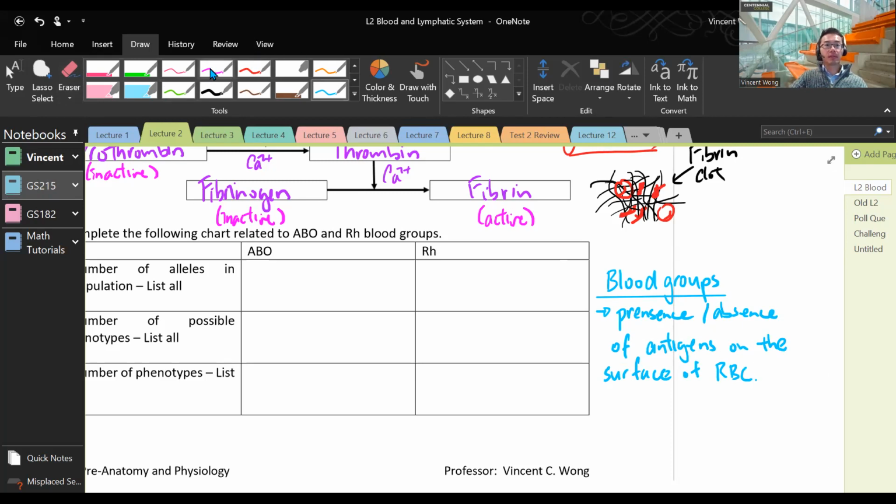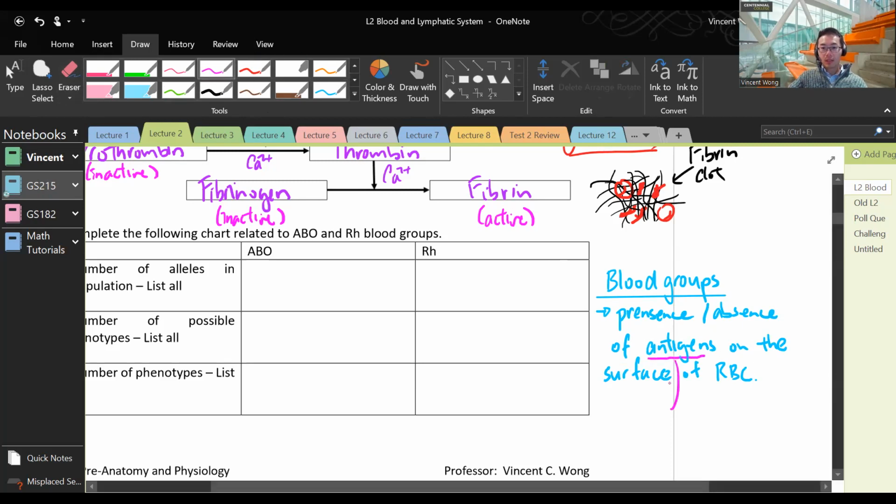Antigens could be proteins, could be carbohydrates, could be glycoproteins or glycolipids, sugary proteins, sugary lipids.